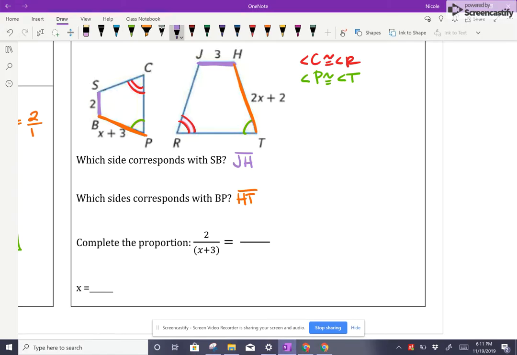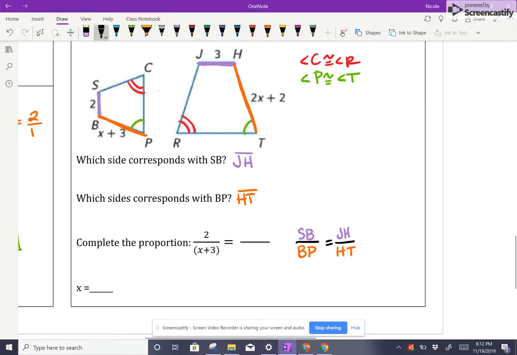This proportion is set up as SB over BP. It's everything from the small polygon over the matching sides from the big polygon, JH over HT.